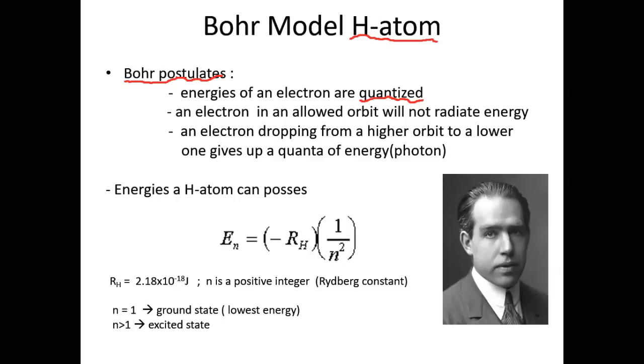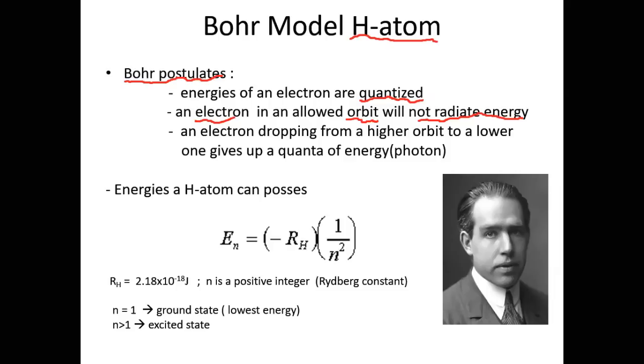Now, secondly, electrons, when they're in orbit, for lack of a better term, do not radiate energy. It means they don't give off energy when they're just at a particular level or orbit.